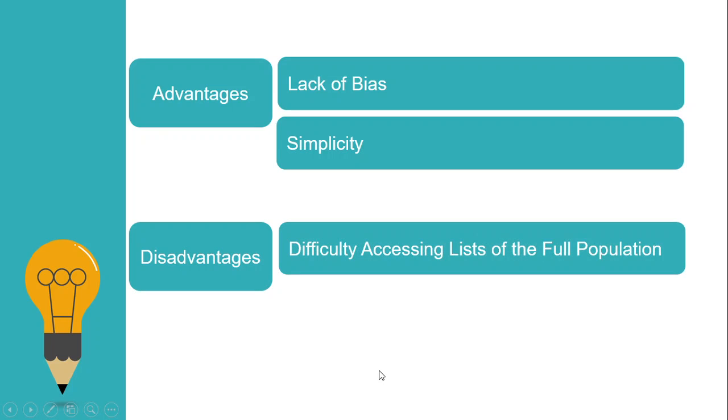Disadvantages. Difficulty accessing a list of the full population. Simple random sampling, as an accurate statistical measure of a large population, can only be obtained when a full list of the entire population to be studied is available.